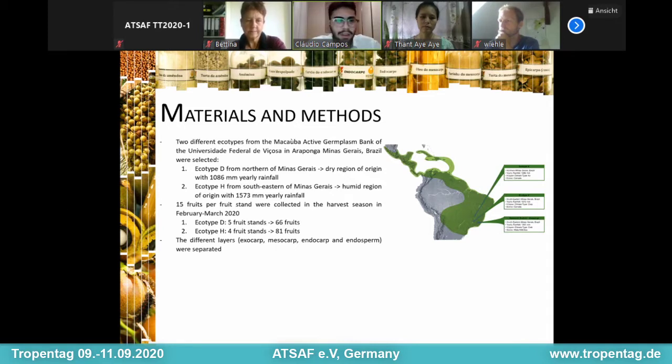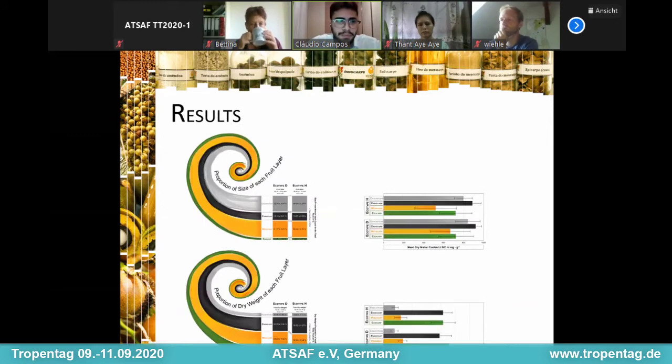Dry and fresh weight of all four layers were collected, also thickness of the exocarp, mesocarp, and endocarp, and the diameter of the endocarp. We saw that the fruits show a natural ecotype difference. For example, fruits from ecotype 8 tend to be bigger with a harder endocarp, and both ecotypes show a similar size proportion of each layer.